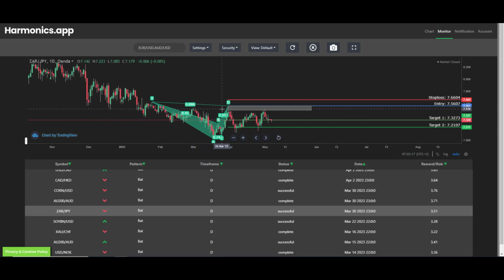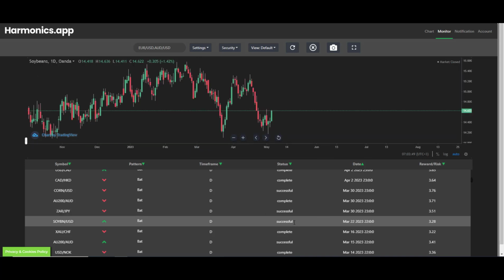There is a potential reversal zone here, and you can see the stop loss is above, which means if the price goes above, this will mean that this potential reversal zone, or in this case horizontal resistance line, is not holding and the bat pattern will not be valid. So it is very good to see that this bat pattern has been successful, going in line with the downtrend. The D point is on the retrace right here on the great resistance line.